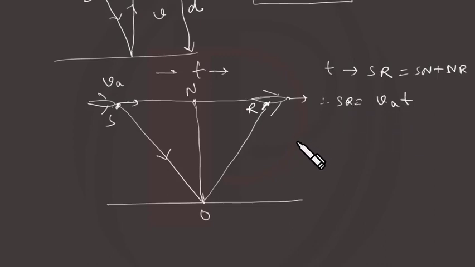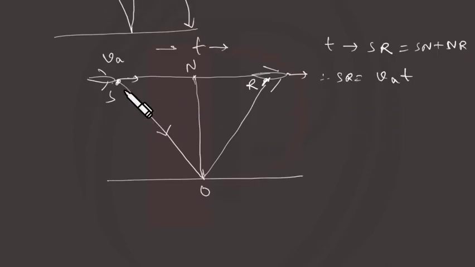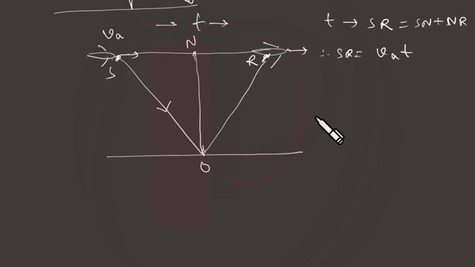Similarly, the sound wave goes all the way through SO, then travels OR, and gets received by the aeroplane, the receiver. This much distance is traveled by the sound in time t. Therefore, the distance traveled by the sound wave, SO plus OR, equals the velocity of sound times time t.